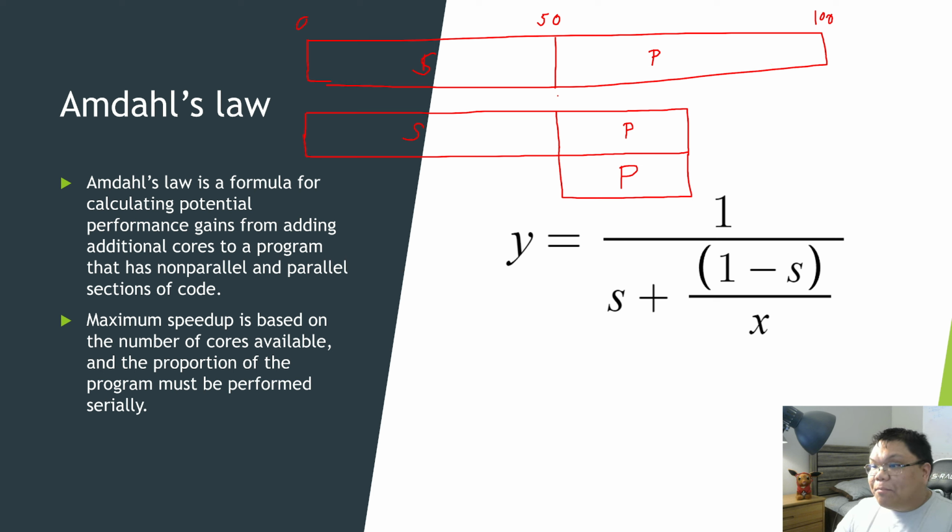For this simple example, half the time this program is executing serial code. The other half of the time, the program is executing parallel code. And this is on one CPU core. If we have two CPU cores, well, it's still going to be one CPU core executing serial code, but once we get to the parallel code, we can divide the work between the two CPU cores, and now we're able to do the parallel code in half the time.